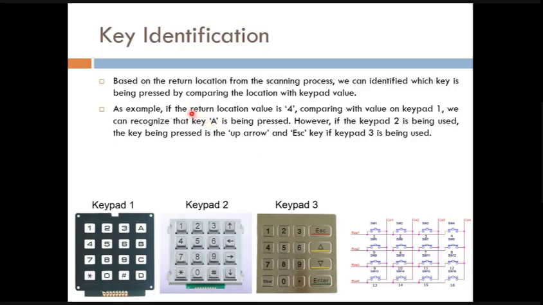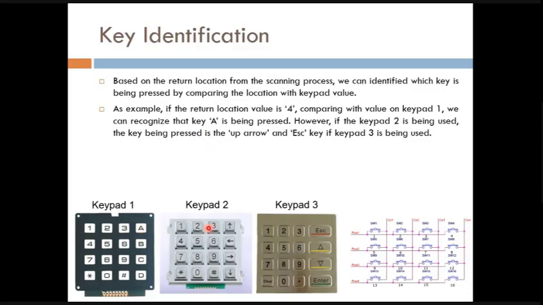For example, if the return value is 4, this means the location is 4, not number 4. If you refer to keypad 1, it is 1, 2, 3, 4. Keypad 2 means 1, 2, 3, 4: arrow up. Keypad 3, 1, 2, 3, 4: escape. So if you refer to keypad 1, it is actually key A being pressed.